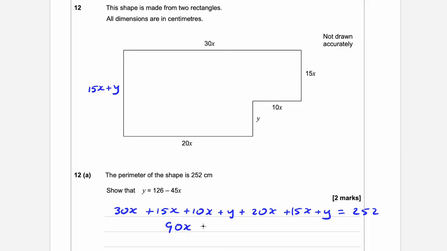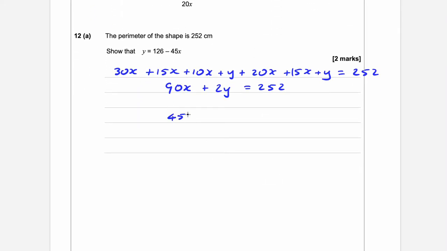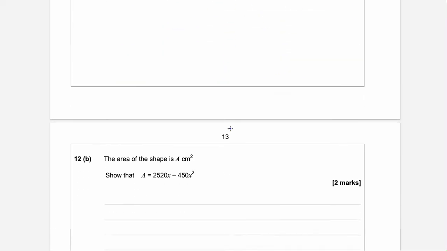So 90x plus 2y equals 252. Divide everything by 2. I get 45x plus y equals 126, and then just subtract the 45x, 126 minus 45x, and it's shown.